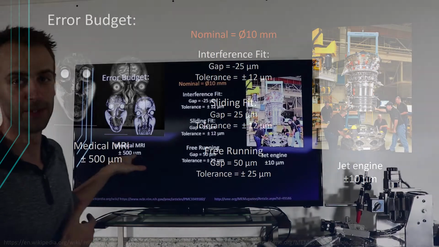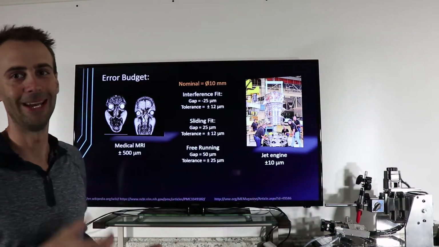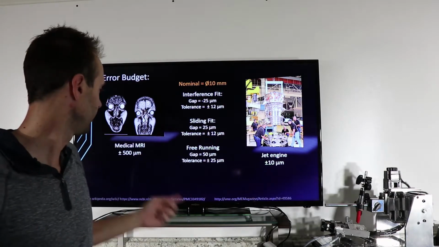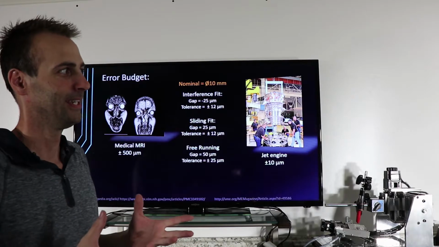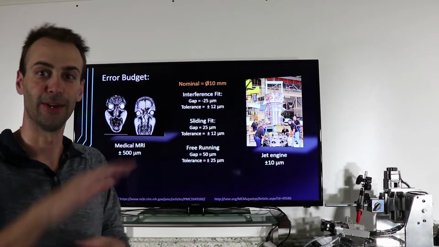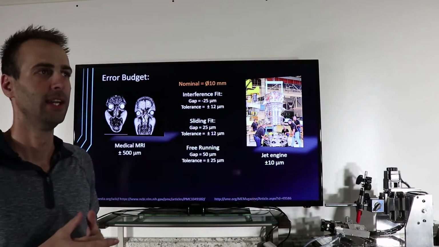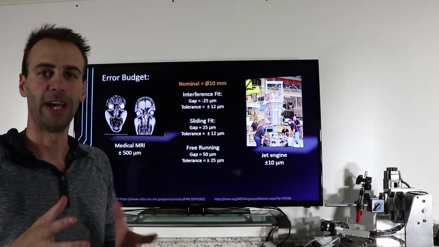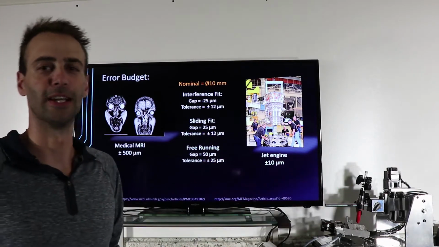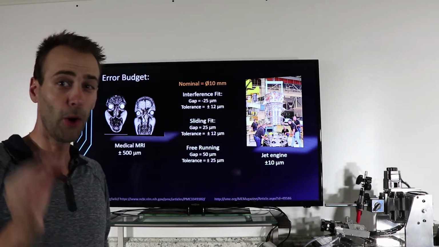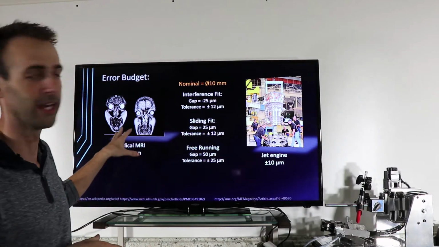Say I'm just making pretty pictures. By the way, medical MRIs only have about a 1/2 millimeter tolerance, right? That's not to say all the pictures are distorted within that 1/2 millimeter, but from an accuracy standpoint, when they stick a violin in there at these universities and think, oh, we got it, no, actually you really don't, but you got a good picture of it.